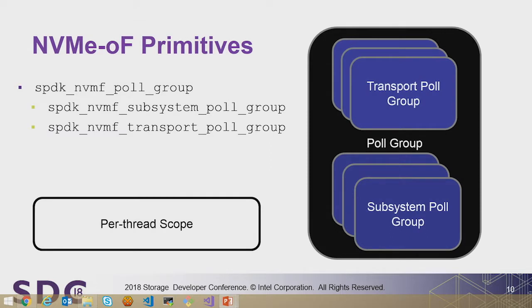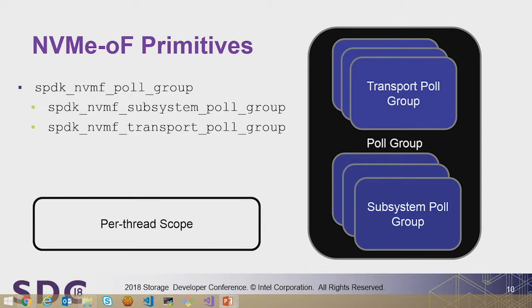Okay, so there's another set of primitives that sort of mirror the top-level global objects. Again, there were three global objects: the target, the set of transports, and the set of subsystems. On each thread, typically, there is an object called a poll group, and inside of a poll group is a set of subsystem poll groups and a set of transport poll groups.